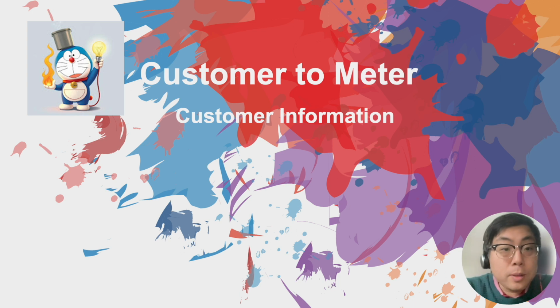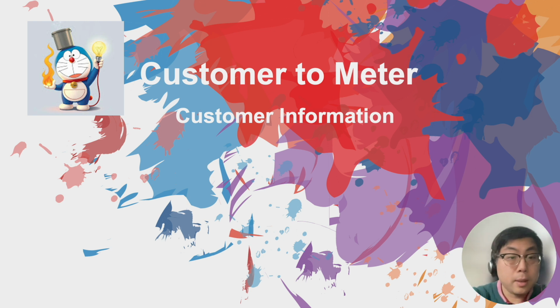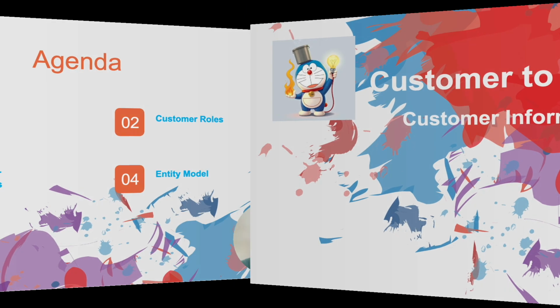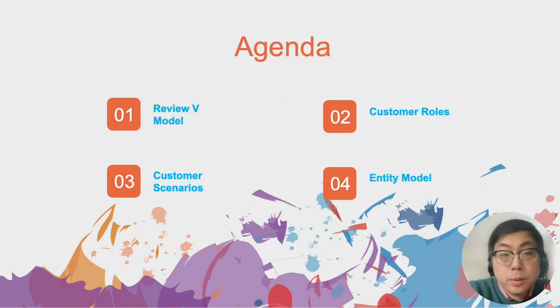So we are going to talk about the first C2M topic on customer information. We will go through four topics. We'll review the V model, which we have talked through during the framework sessions.